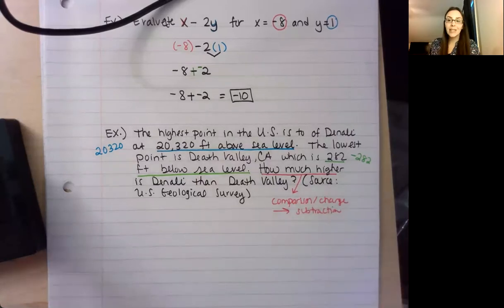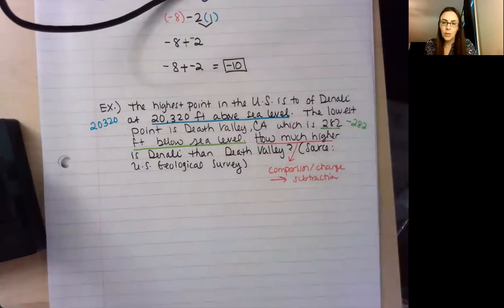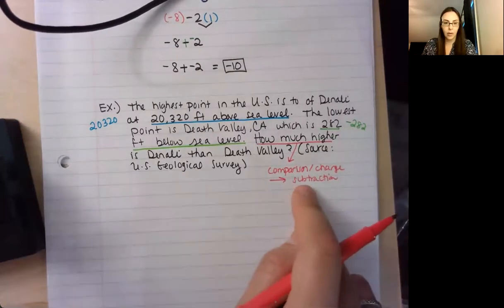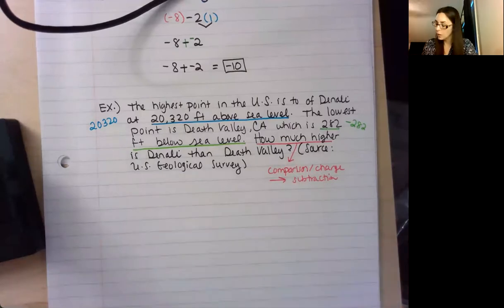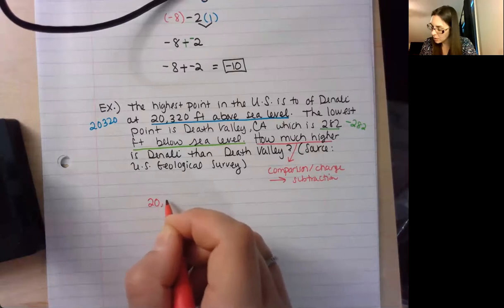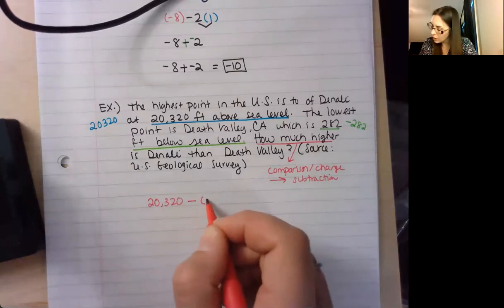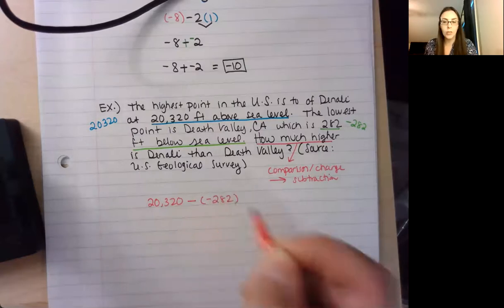And students always get these wrong because they miss the negative on the 282, or they miss that it's a subtraction problem. So what we're doing here is we're looking for the change between the two. So we're looking at, well, how big of a difference is it from 20,320 feet above sea level to 282 feet below sea level?